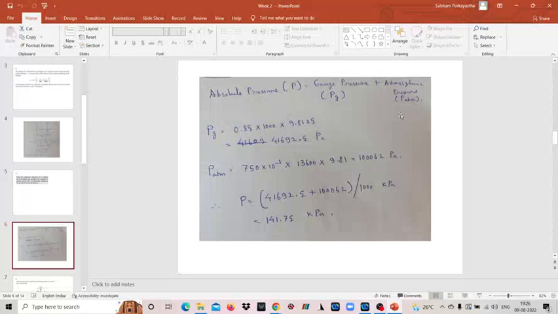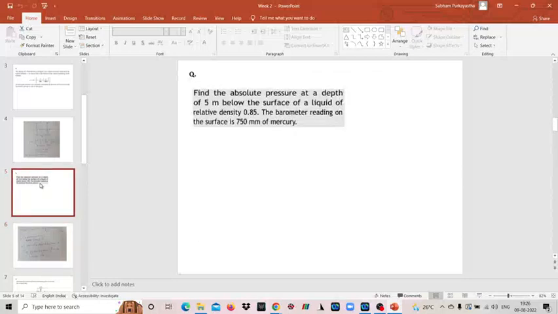It is basically a ratio of the densities of any two fluids. That is fine, but whenever in the question the other fluid is not given to you, the standard is water. If it is given in the question that the standard fluid is something else, then you can use that. You have to be careful. You are very much correct. But in this particular type of questions, if the standard fluid is not given to you, then you take it as water.